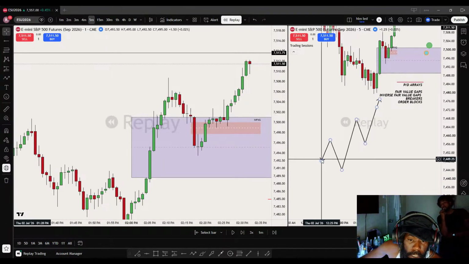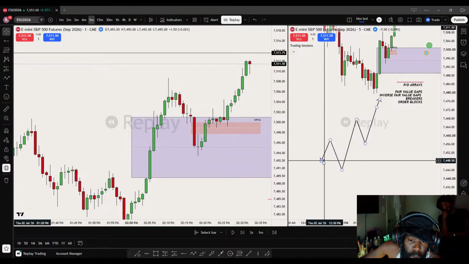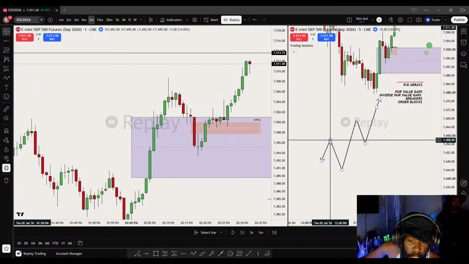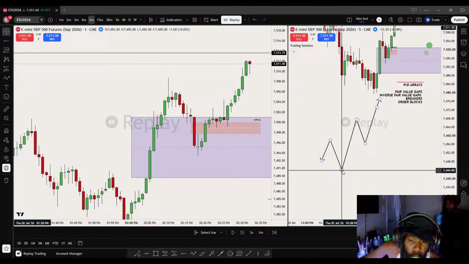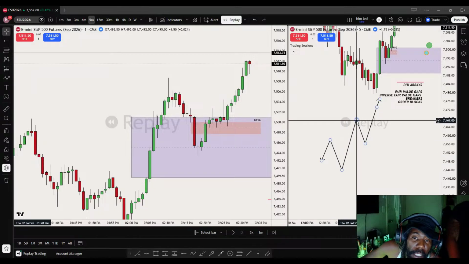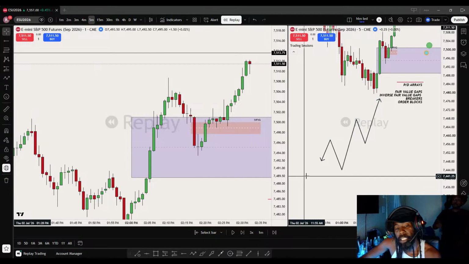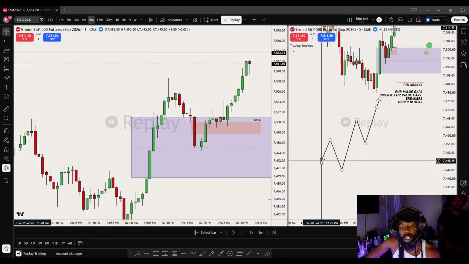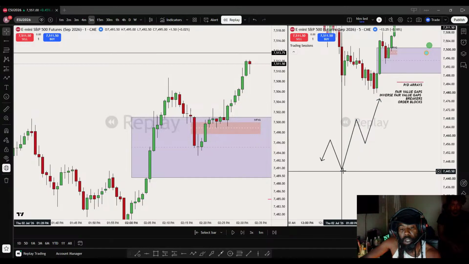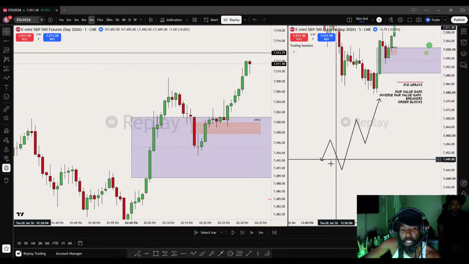All right, so I want to show y'all what we got here. Let's start right here. Think of this as a low, a high, a lower low, and then a higher high. So let's look at that again. Low, high, lower low, higher high.